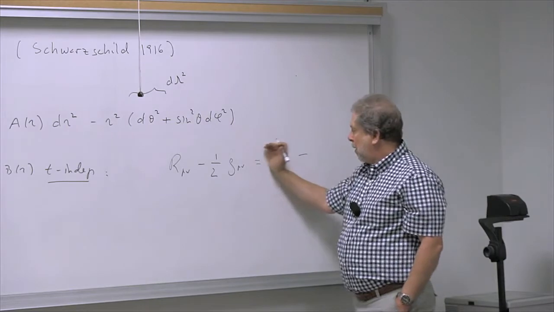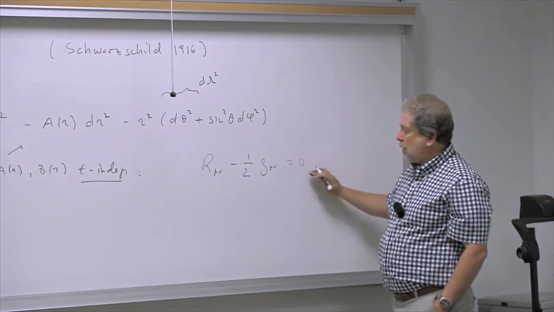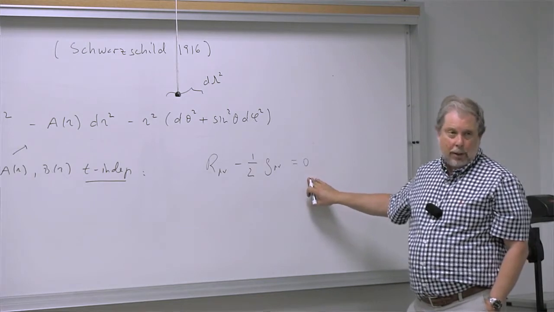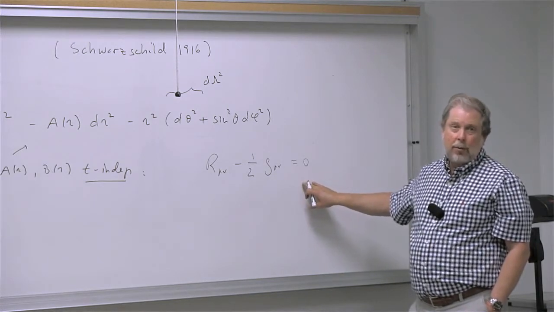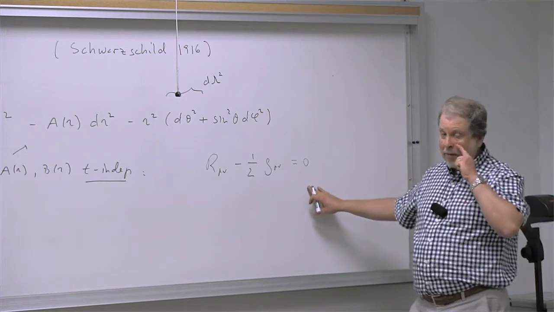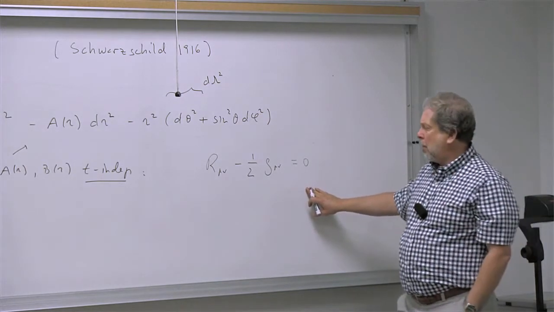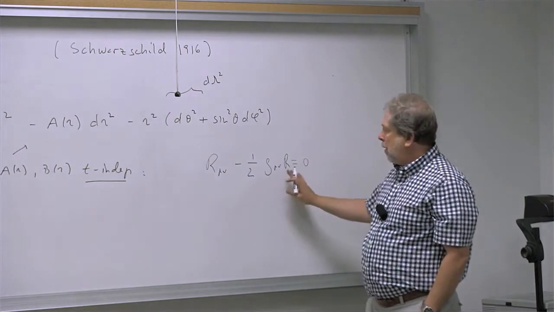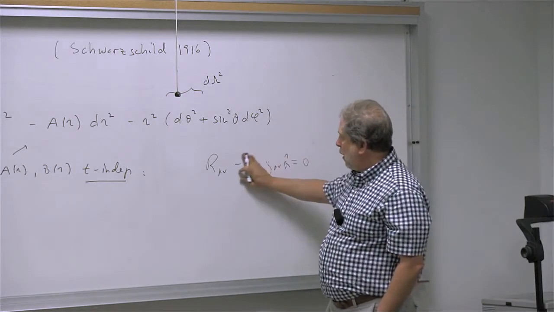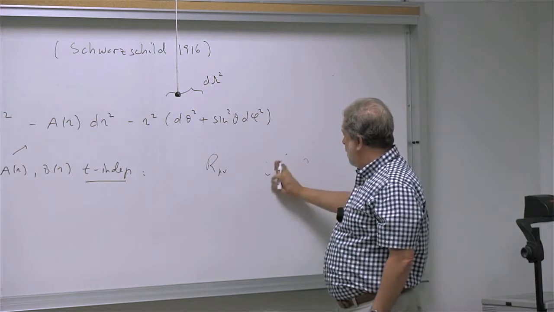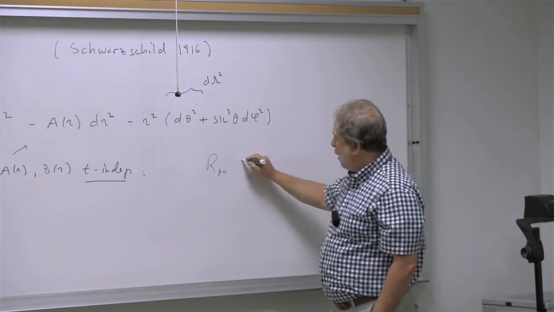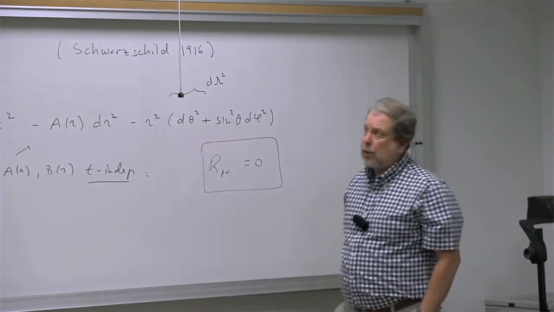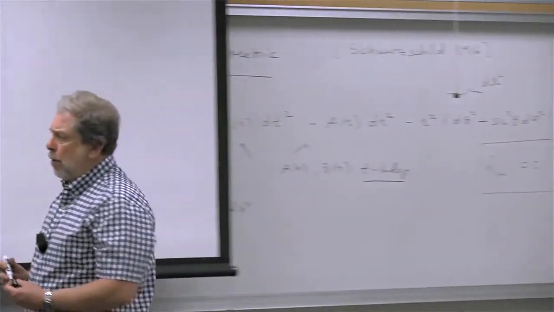So we basically just want to solve an equation like this equal to 0 everywhere except at the origin. So we're basically dealing with vacuum solutions that then have the appropriate boundary conditions, but then we can relate one to the other. As I discussed in a previous lecture, we just have to solve R mu nu equal to 0. Okay, so that's the equation we are going to solve.